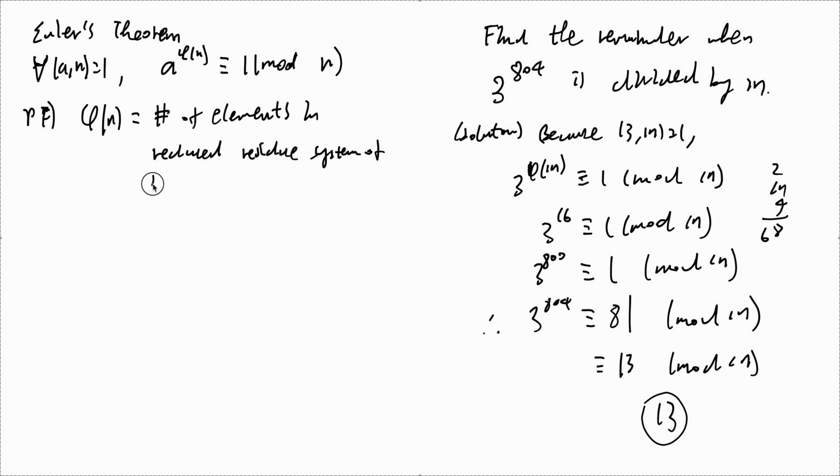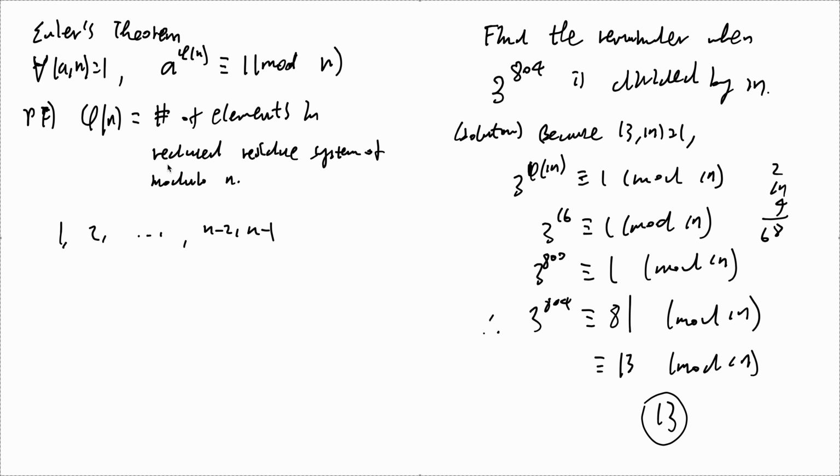So what this means is, we can write every number until n minus 1, and we're going to choose every number that is coprime to n.